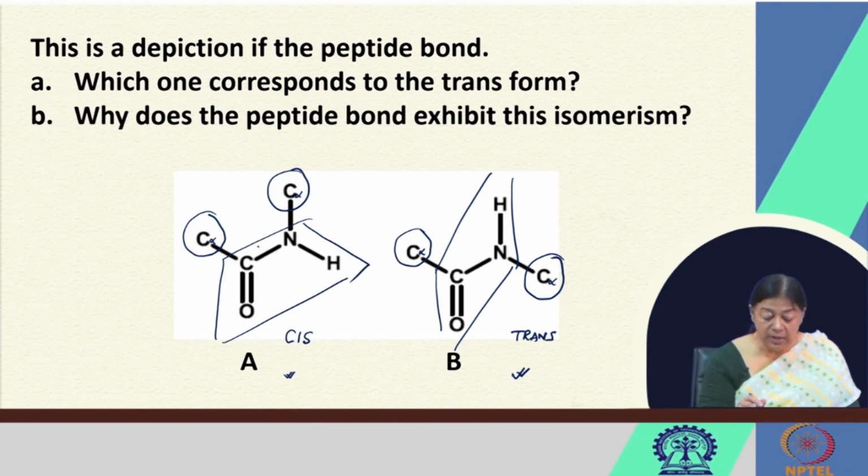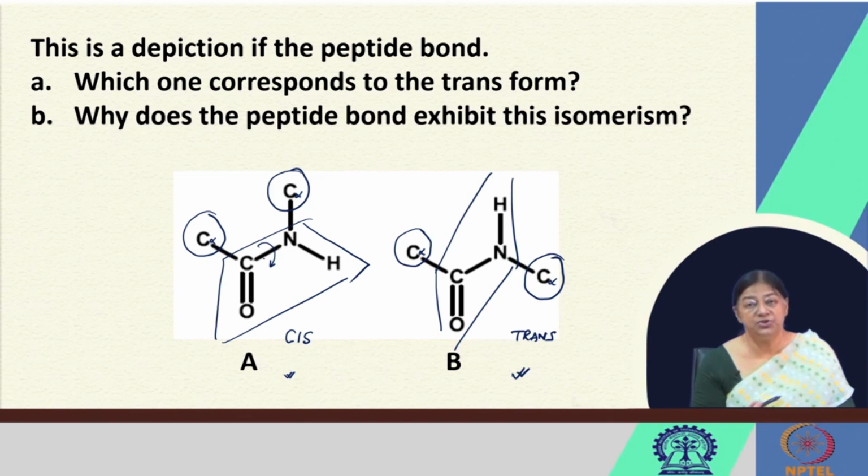Because we know that we have this that has largely a single bond character, but also a partial double bond character because of the restricted rotation that occurs because of the lone pair on the nitrogen that is delocalized over the bond here, rendering it a partial double bond character, thus restricting its rotation. But nevertheless, rotation is possible.